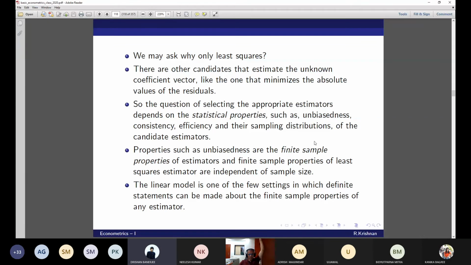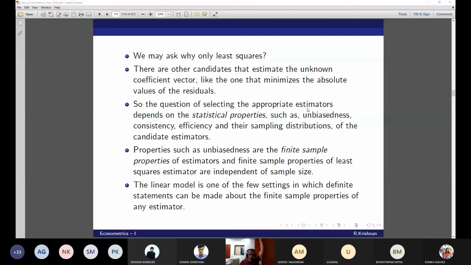Anyone else? Sir, minimum mean squared error is, I think, variance plus bias. So if bias is 0, it is minimized. Mean squared error is variance plus bias square, isn't it? Yes.